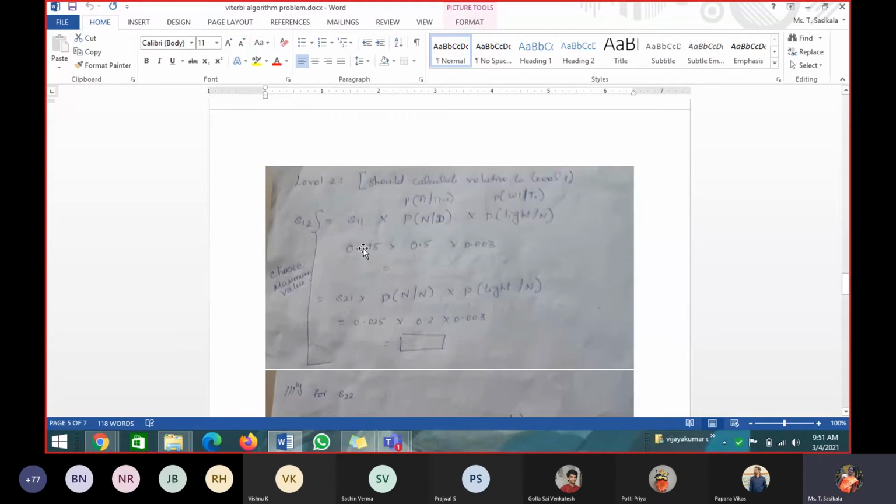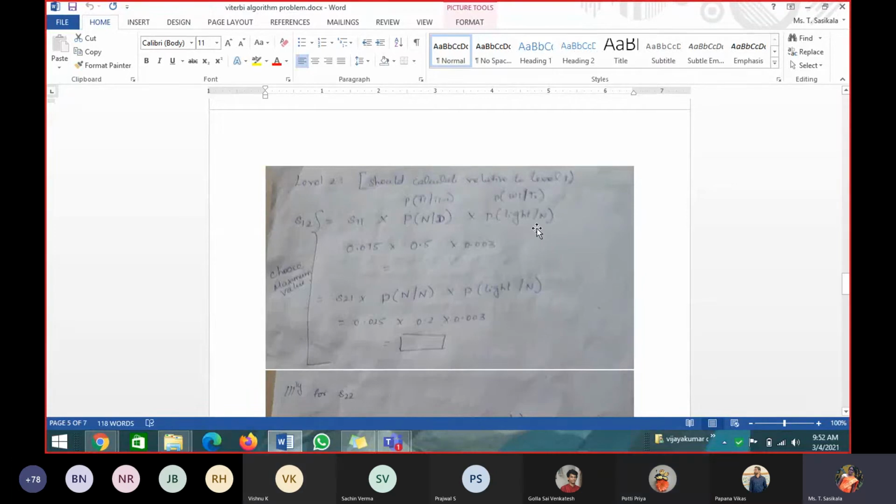What is the S11 value? 0.075, 0.75 into noun as a determiner. T_i given T_{i-1}: given determiner, followed next will be a noun. If the previous word is a determiner, next word will be a noun. What is the probability given in the table? 0.5.